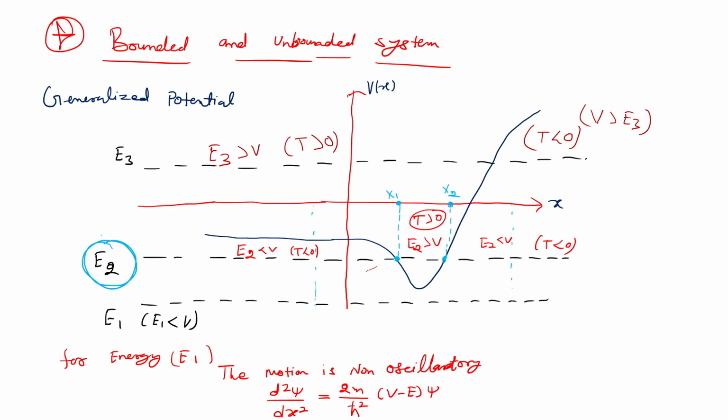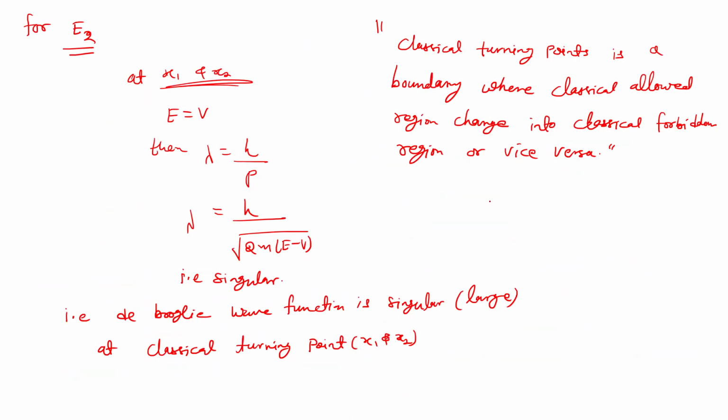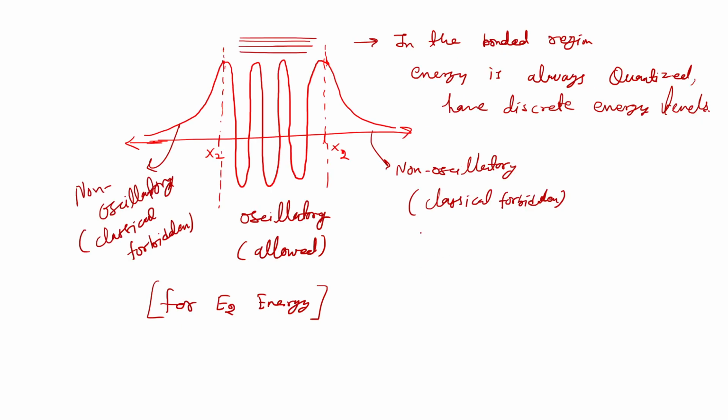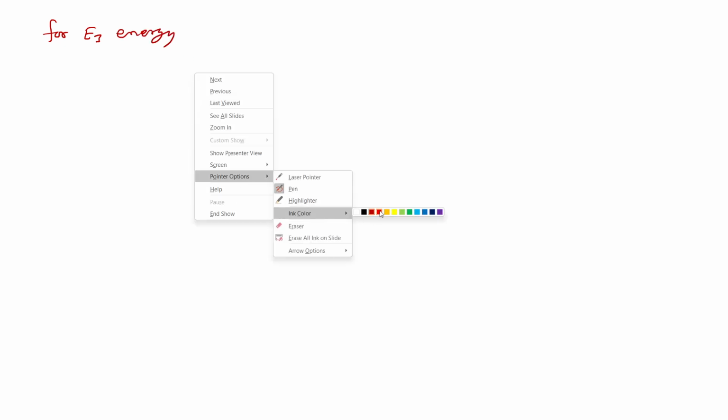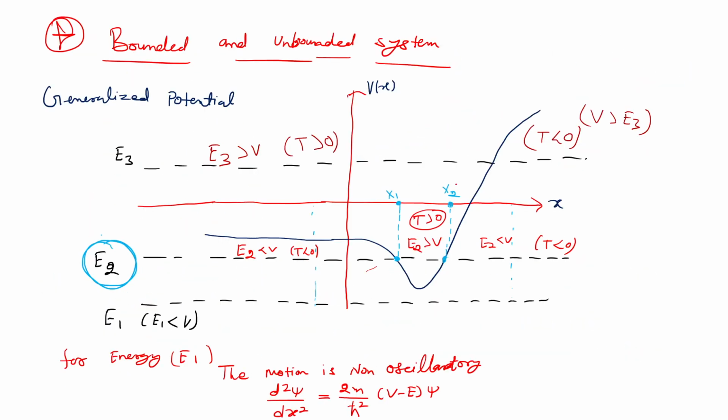So in that case, what will the wave function nature be? For E3 energy, only the x3 point you can take here, which is suppose somewhere here, where energy is equal to potential. So this will be another point x3.